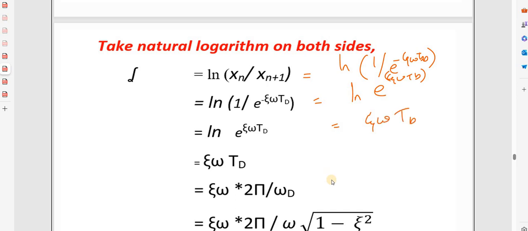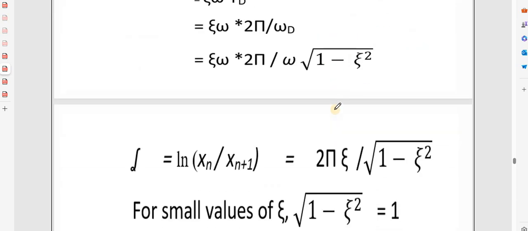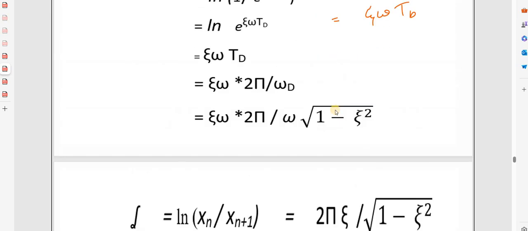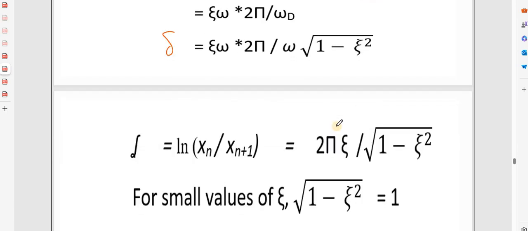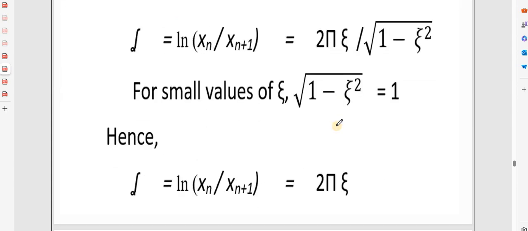Now instead of td I can substitute different terms. So this is another relationship connecting logarithmic decrement and these values. Just write it 1 or 2 times and you will understand.